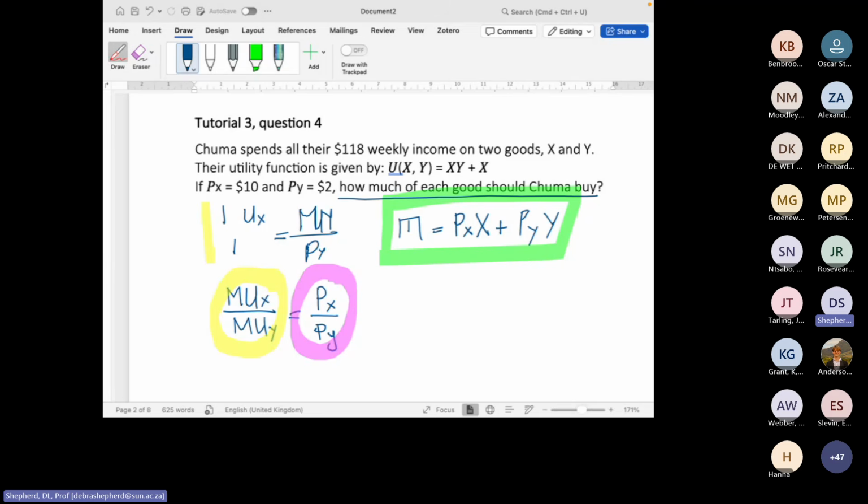So Xuma has $118 of weekly income, and they spend this income on X and Y. The utility function is given by U of X and Y is XY plus X. The price of X is $10 and the price of Y is $2.